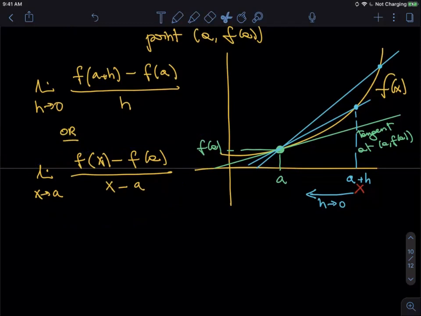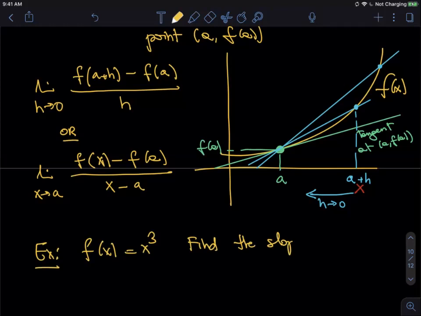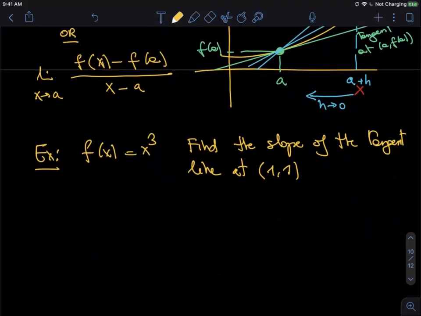Let's do an example to see how this can actually be useful. So let's say I give you f of x equals x to the power 3, and I want to find the slope of the tangent line at 1, 1. Okay, so first check 1, 1 is in fact in the graph, because when I make x equal 1, x to the power 3 is 1.